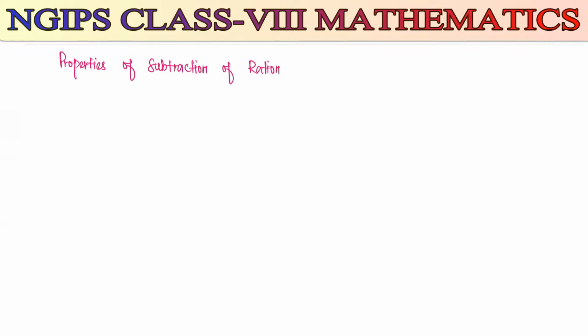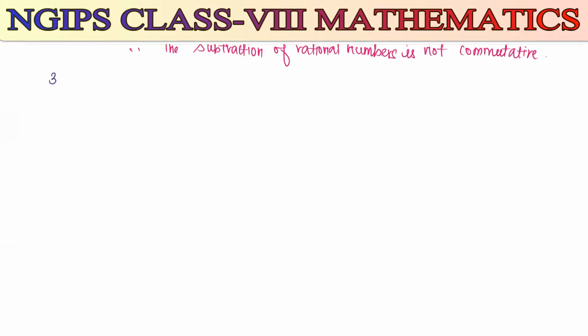Properties of subtraction of rational numbers. Okay, here the third property is associativity.